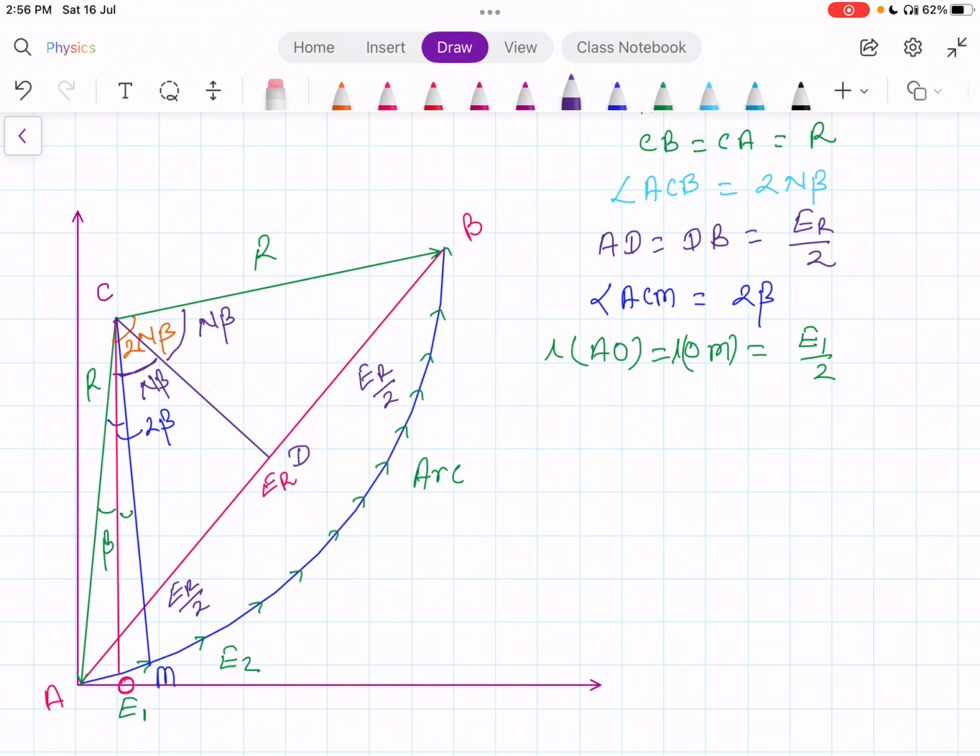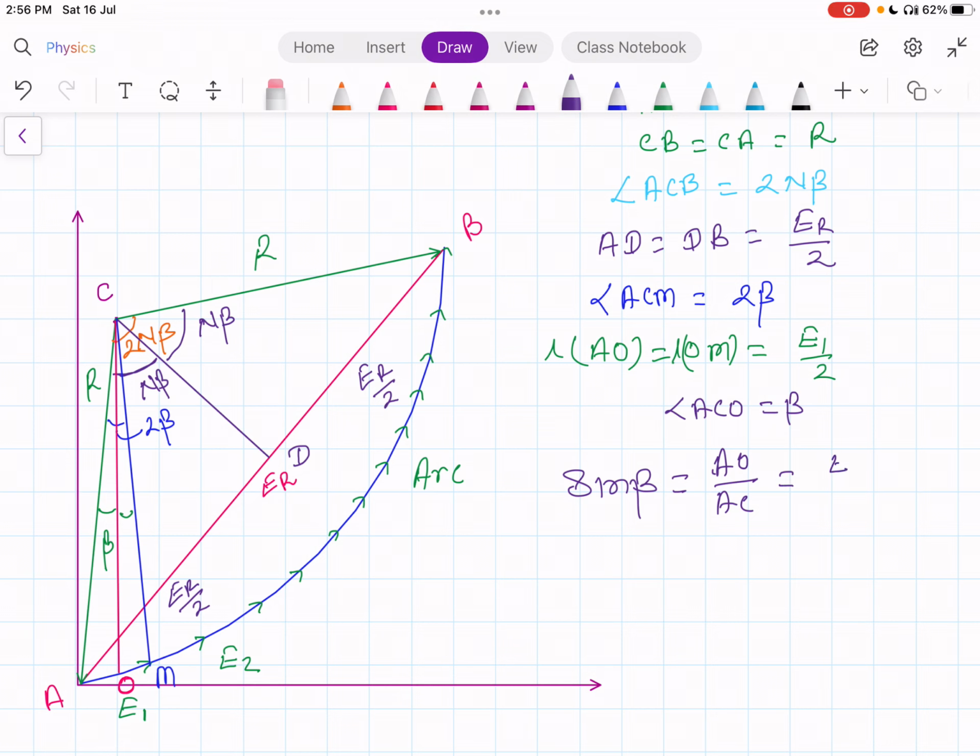Then we can find sine beta from the angle ACO. ACO is equal to beta, and therefore sine beta is equal to AO upon AC.